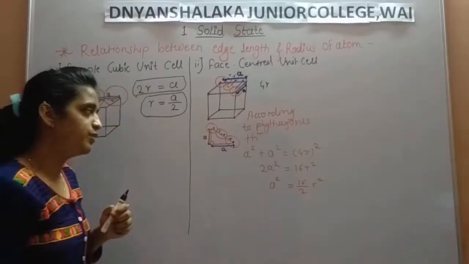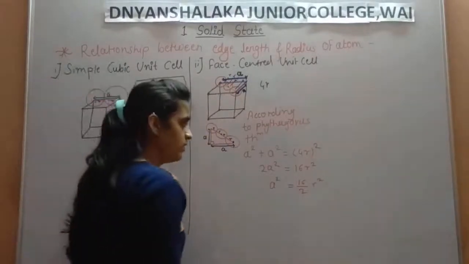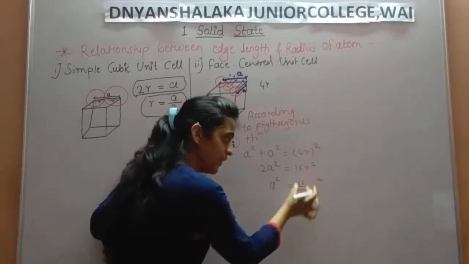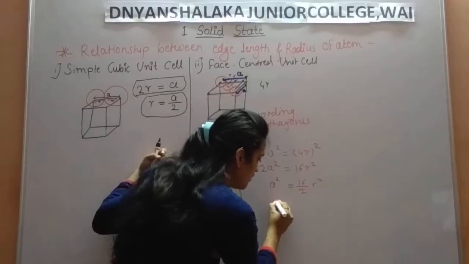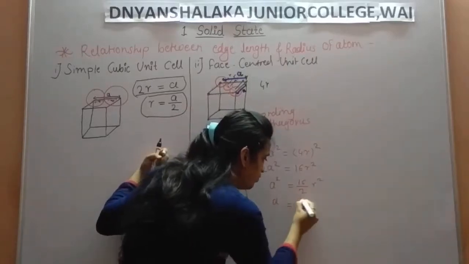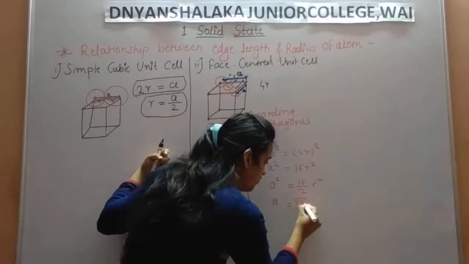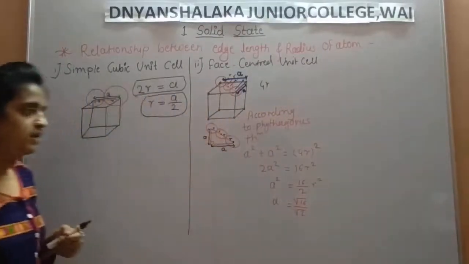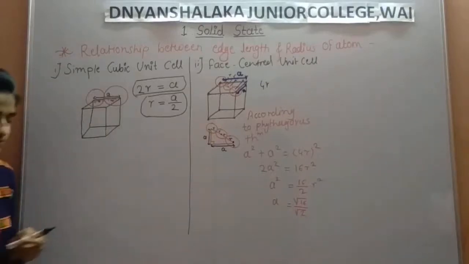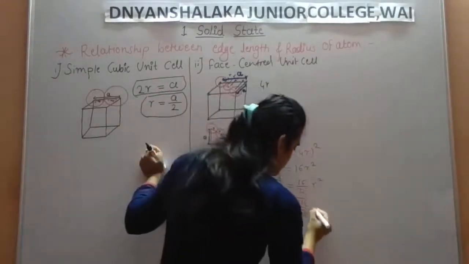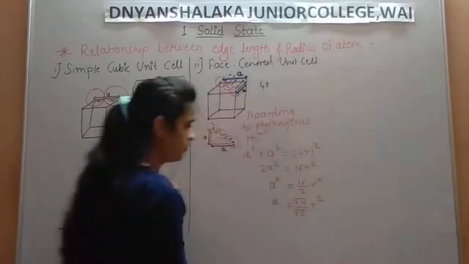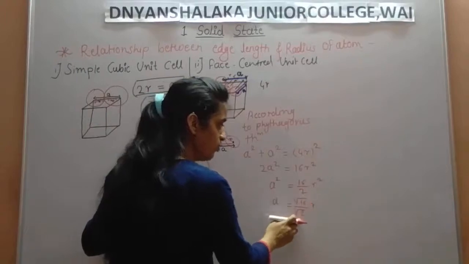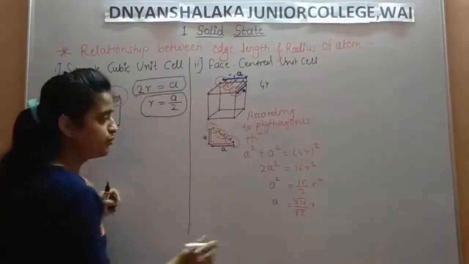Taking the square root, the squaring is removed, so A is equal to root 16 upon root 2 into r.